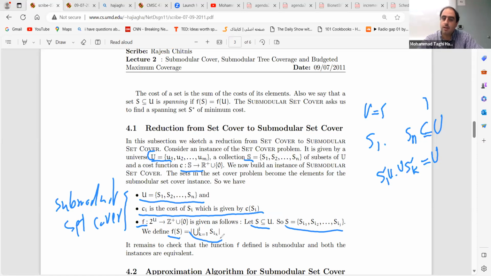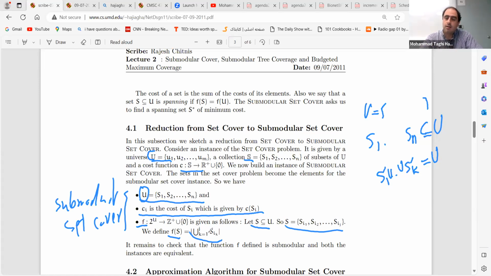Here in the submodular set cover, each element is a subset of the original universe U that we had before. For any subset of this U, we define the f function as the size of the union of all these elements.